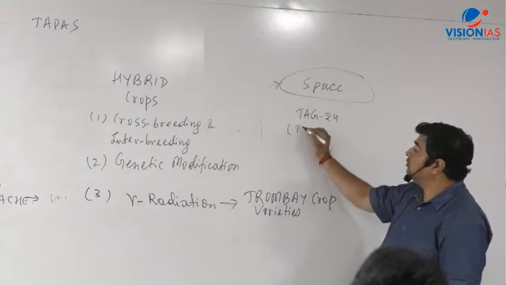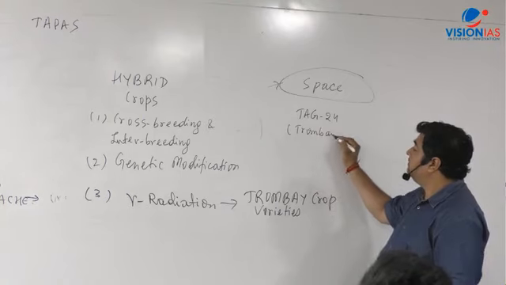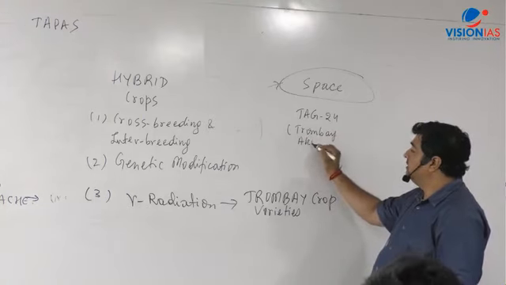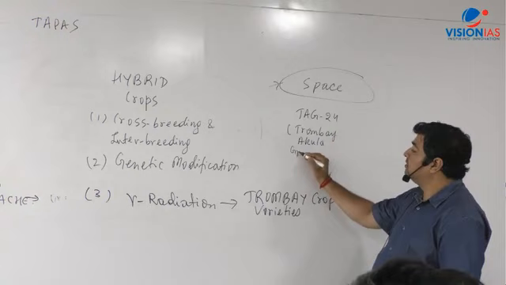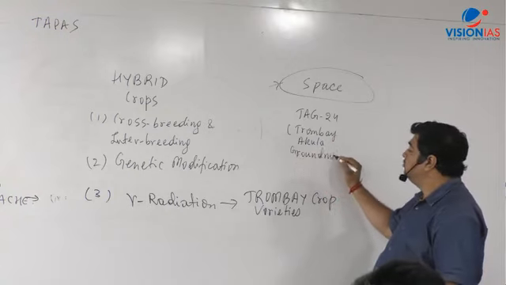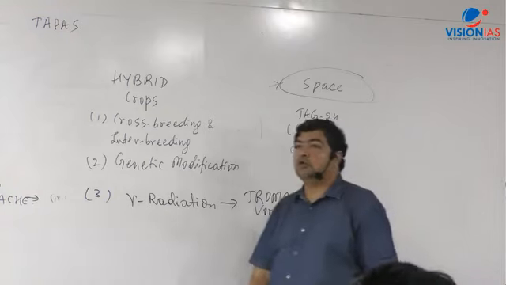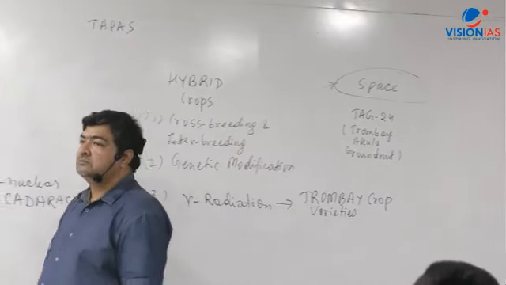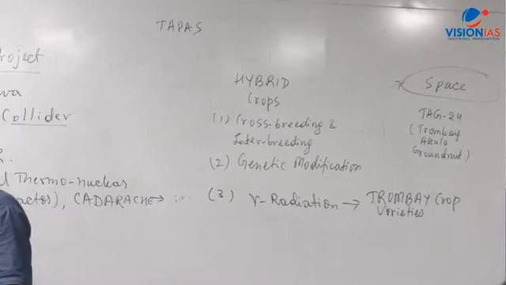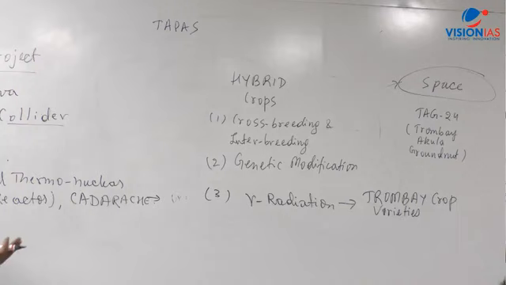This is basically Trombay, A stands for Akola, and G stands for groundnut. Moongphali. Akola is a place in Maharashtra where this particular variety is being grown. We have done it for pulses also. Different types of varieties have been made.